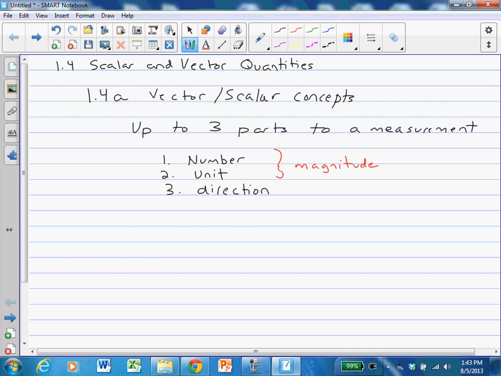If a measurement can be explained fully with magnitude, it's called a scalar quantity.